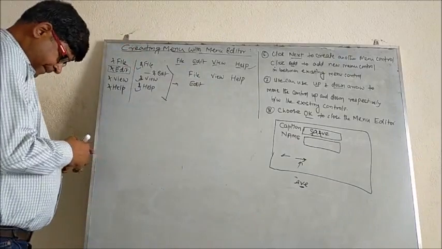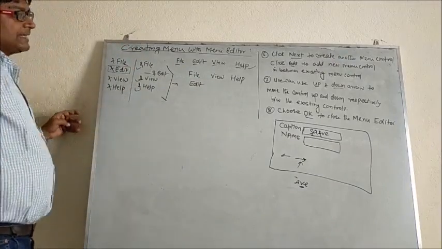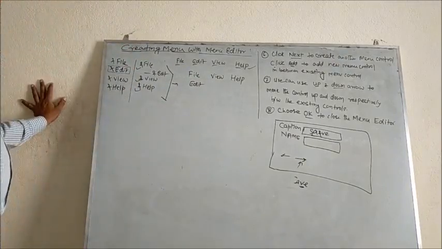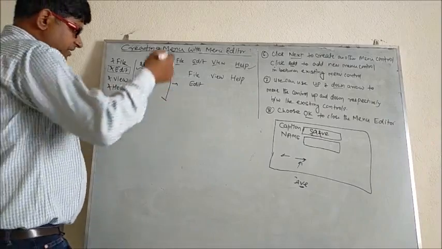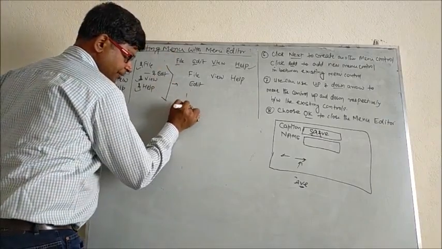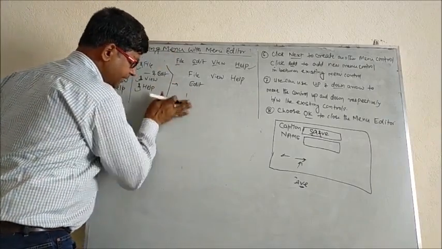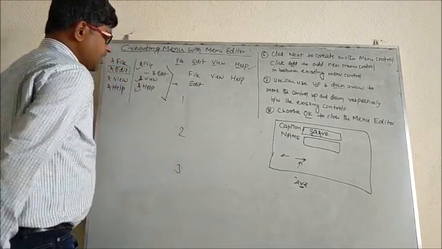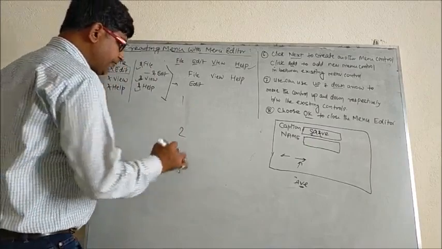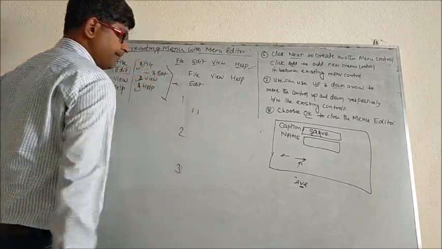See, you can understand this concept by using the content of a book. If you look at the content of any book, suppose there are so many chapters, chapter 1, chapter 2, chapter 3, okay, like this. So if you want to go for 1.1, 1.1 will be written here, right?